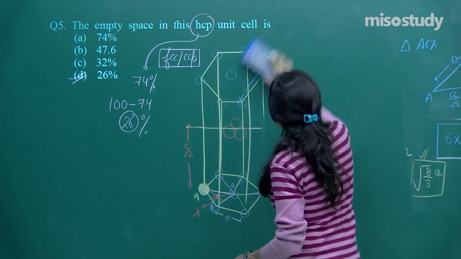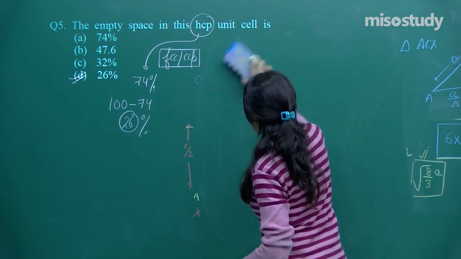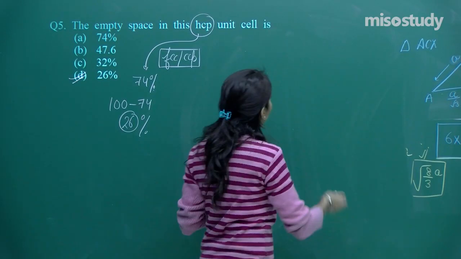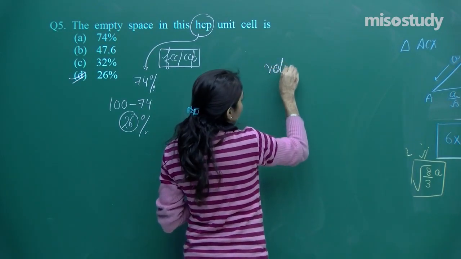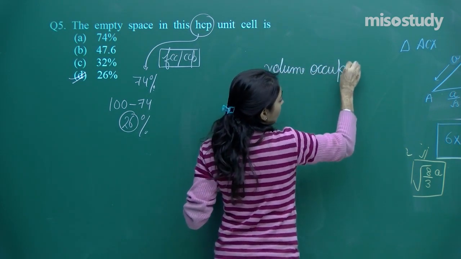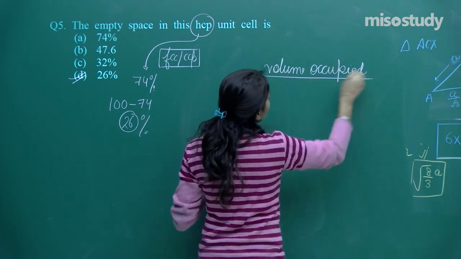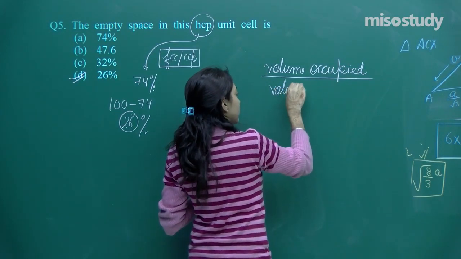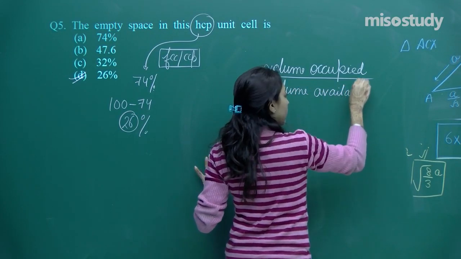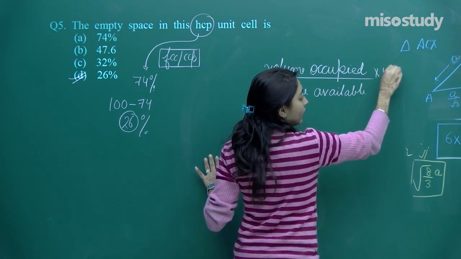We know how to calculate the packing fraction or the packing efficiency. Packing fraction is basically calculated as volume occupied divided by the volume available, to be multiplied by 100.